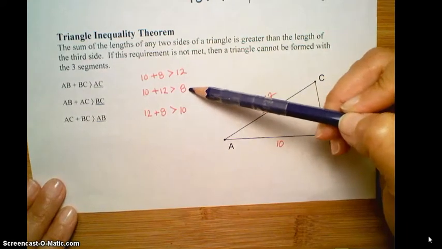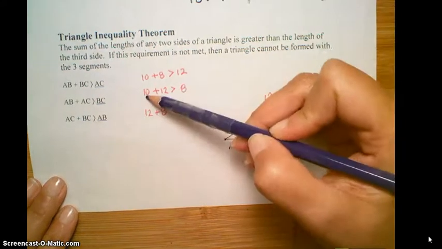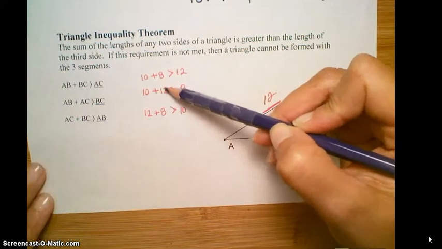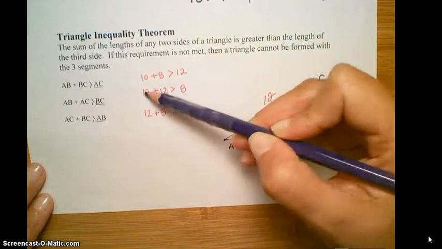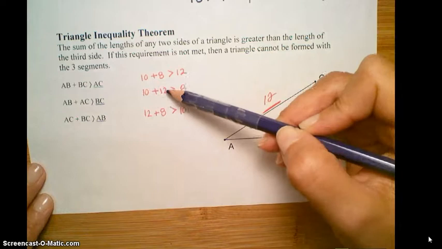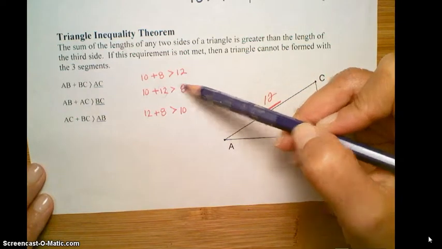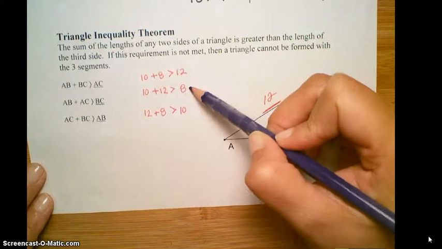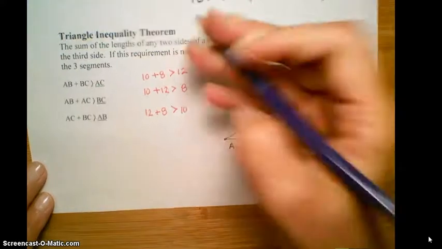But when you look at this second statement, you'll notice that either 10 or 12 by themselves could have beaten 8. So there's no need to check if 10 plus 12 beats 8 because 12 by itself already did it. 10 by itself was already bigger than 8. So this one's kind of useless to you.